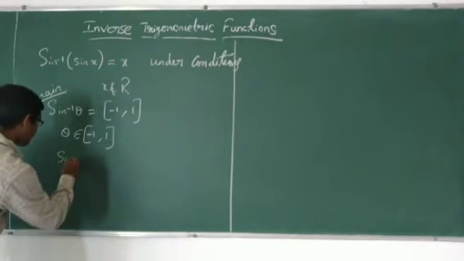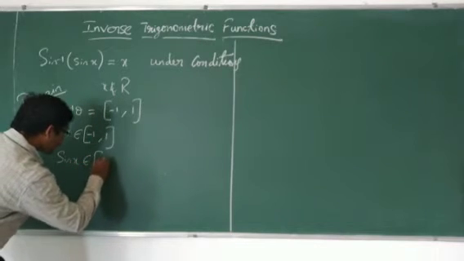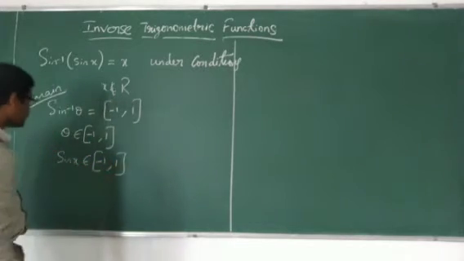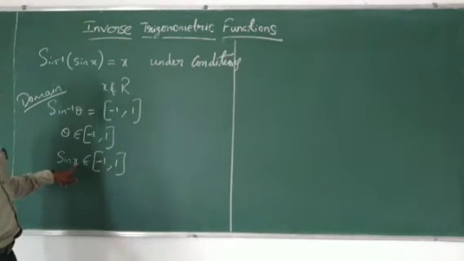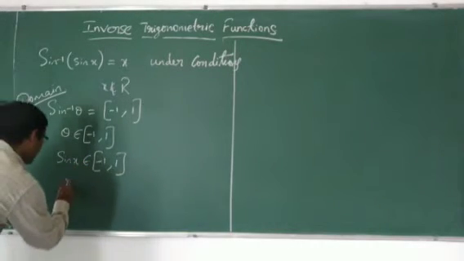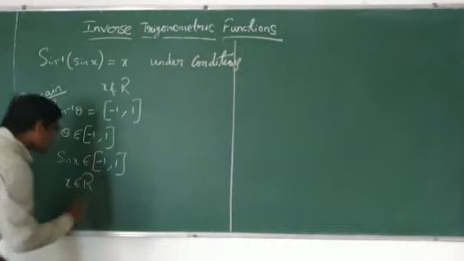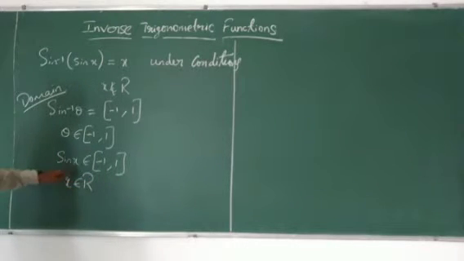So this sin x should belong to minus 1 to 1. Sin x belongs to minus 1 to 1 for what values of x? For any real number, sin x value will be between minus 1 to 1.